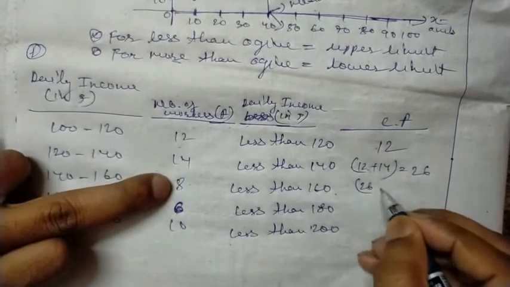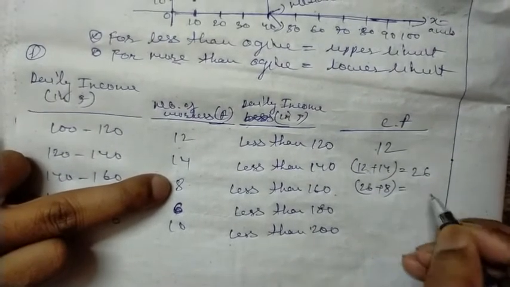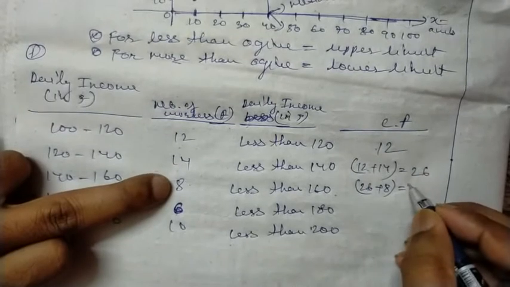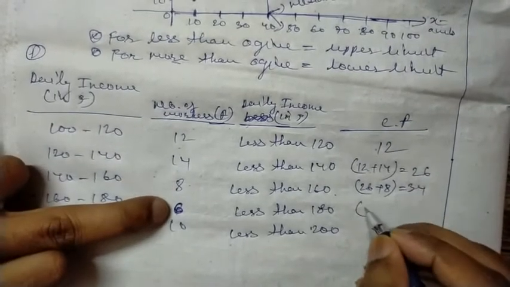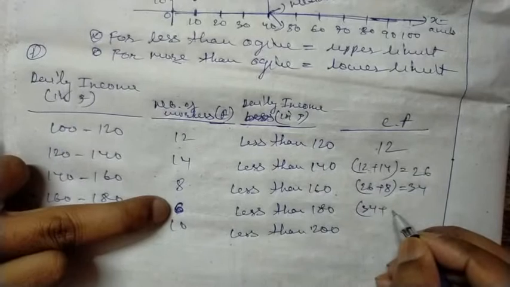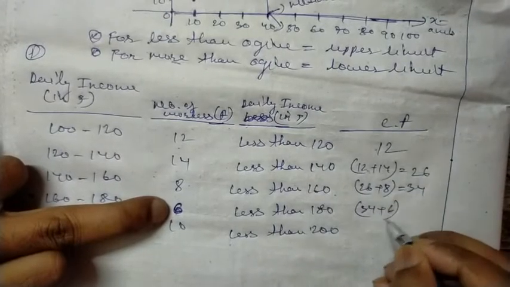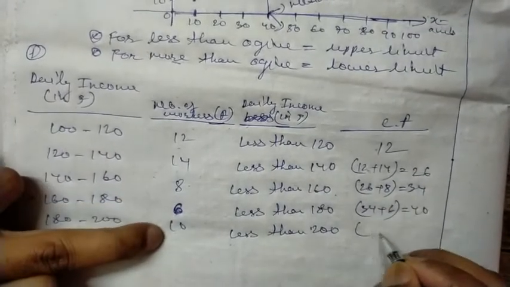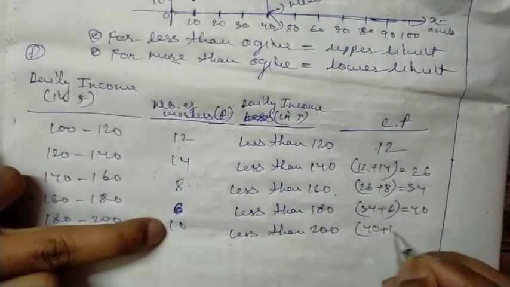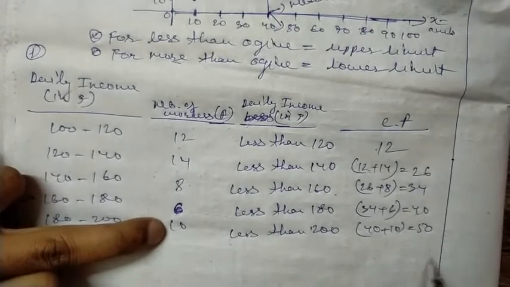Again 26 plus 8, I will get 34. 34 plus 6, I will get 40. 40 plus 10, I will get 50.